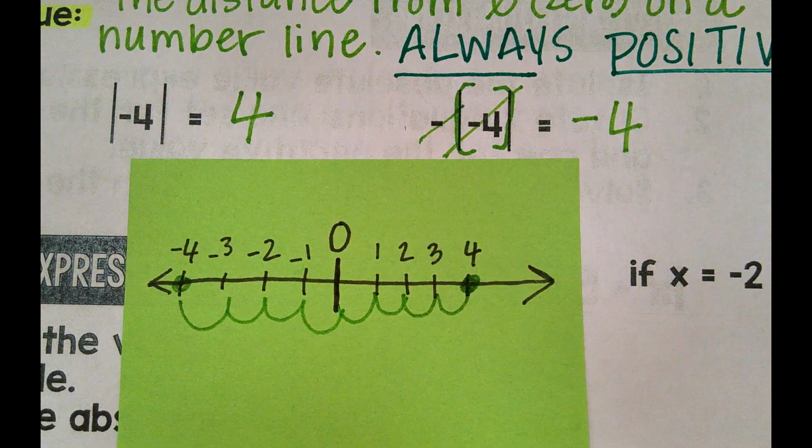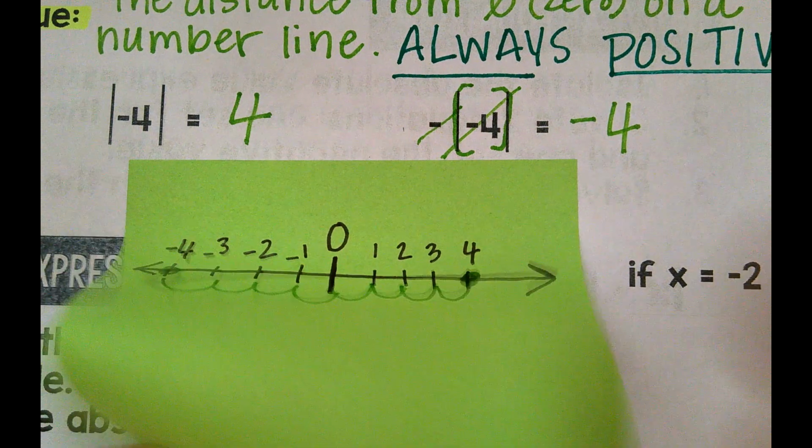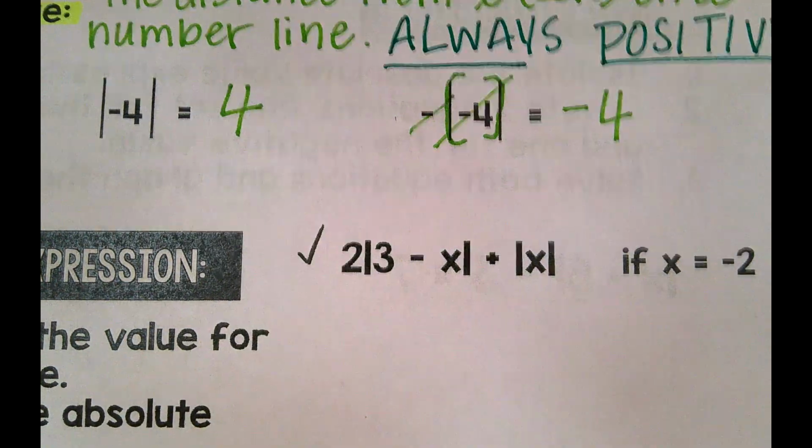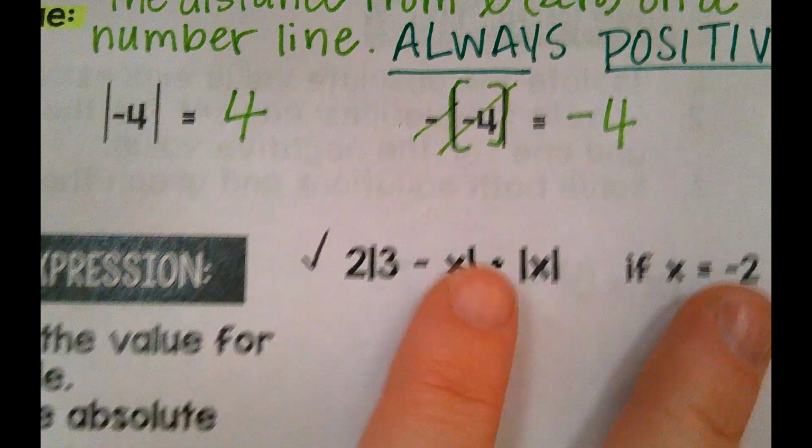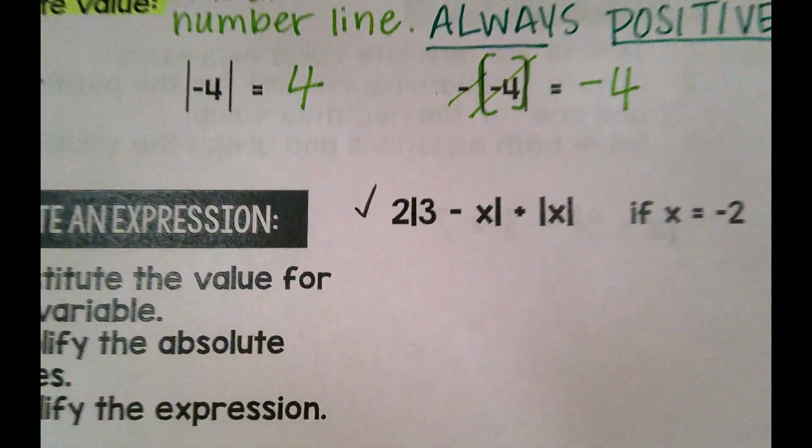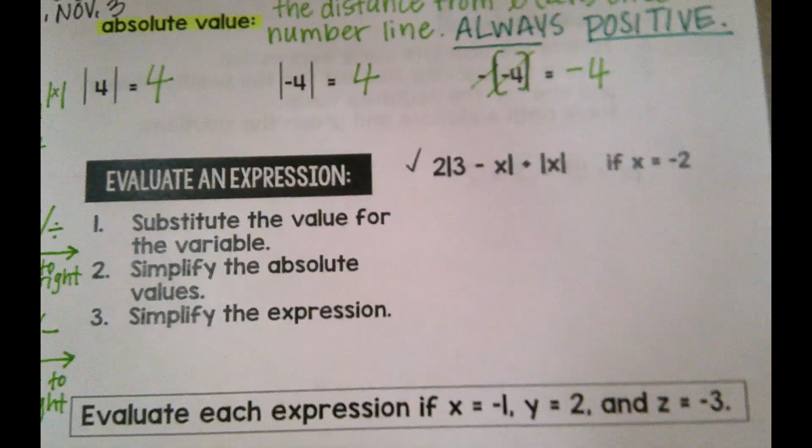This is what your calculator does whenever you type in a negative number squared. It squares the number first, remember? And then it puts that negative on, and that's why you'll get a negative answer. Same thing here. So I'm going to move this to the side. And we're going to use this information to help us with the next step here in our notes.